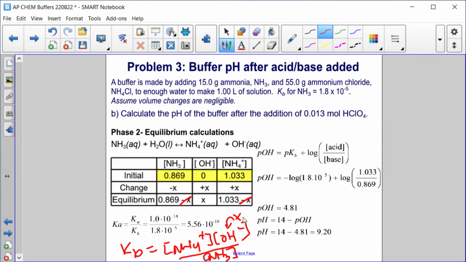Or we can use the Henderson-Hasselbalch equation. pOH is pKb plus the log of the acid over the base. So the minus log of the Kb, which is given as 1.8 times 10 to the minus 5, plus the log of the acid, 1.033 over the base, 0.869, gives us a pOH of 4.81 or a pH of 9.20.